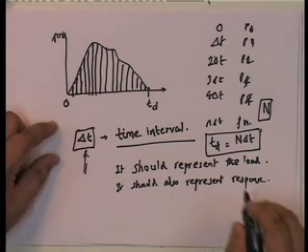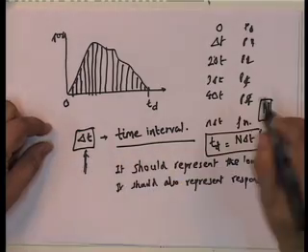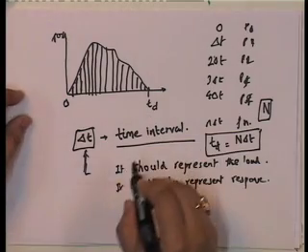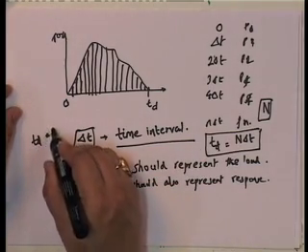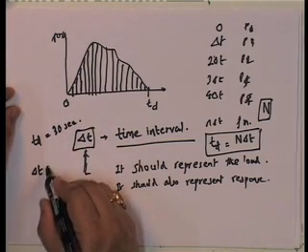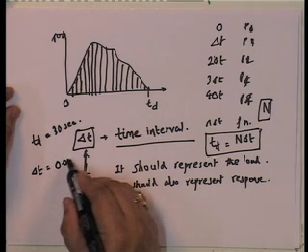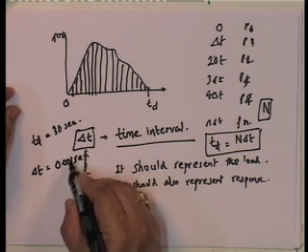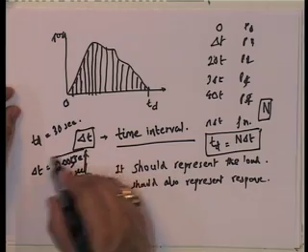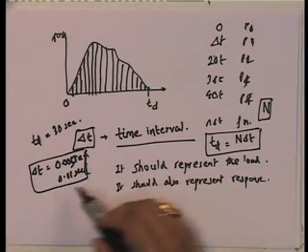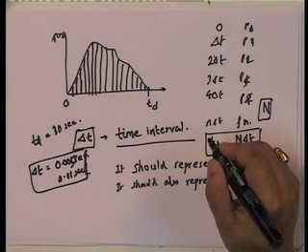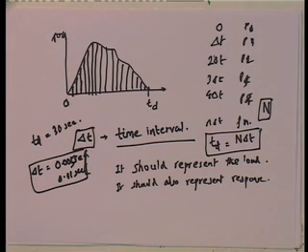Now, how should it represent the load? If the duration is of the order of about 30 seconds, delta t is typically of the order of 0.005 seconds or 0.01 second. Okay. So, delta t equal to 0.005 or 0.01 second essentially represents most loads.